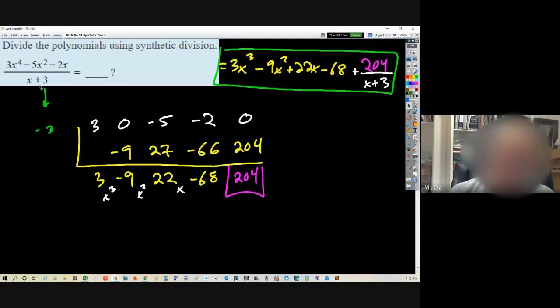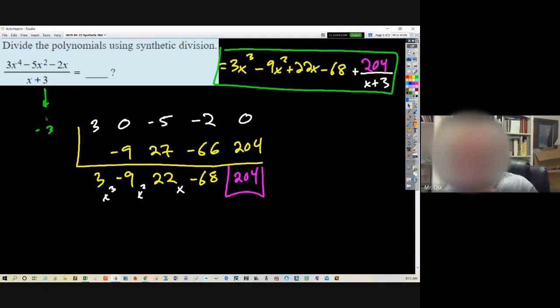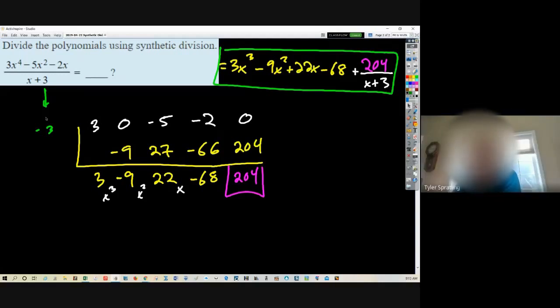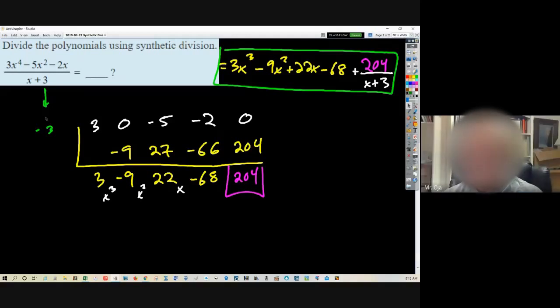Okay, so now I'll tell you what, just try this, work through this on your own, Tyler, without looking at the screen for a second. When you've got the bracket written down, why don't you hold it up for the camera and let me see it?